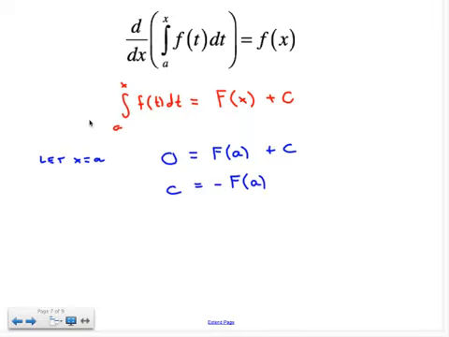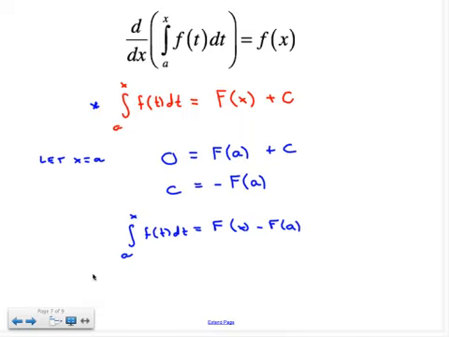So now we can go back up to this line here, and substitute for the c. So now we'll have the integral from a to x of lowercase f is equal to capital F of x minus capital F of a.